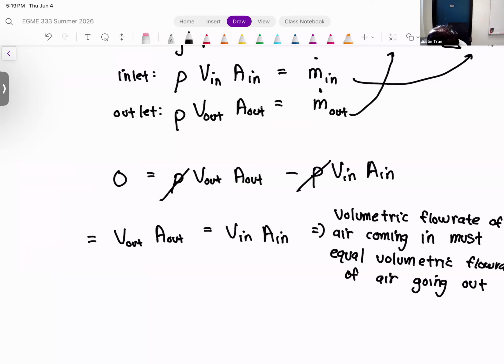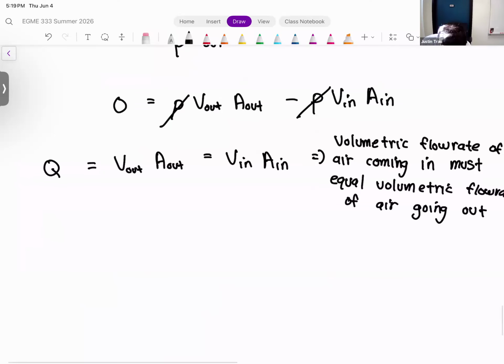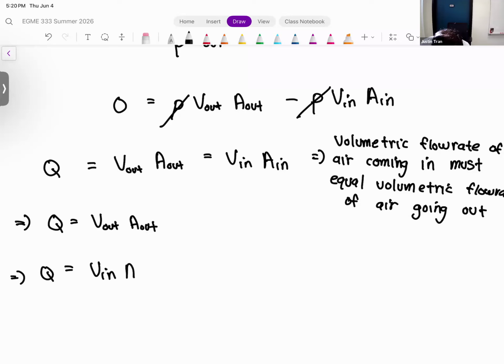Both of these have to equal Q, which is what we found in part A. We can then use that information to compute our velocities, because Q is equal to V out A out, and Q is equal to V in A in. Since we already know Q from part A, it's a simple matter to solve for V.